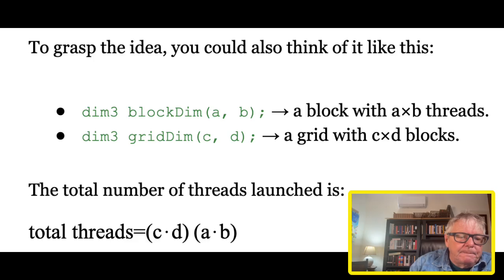And if we say grid dim C D, that's a grid with C times D blocks. So you can calculate the total number of threads: it's C times D times A times B. You can see that they're related.